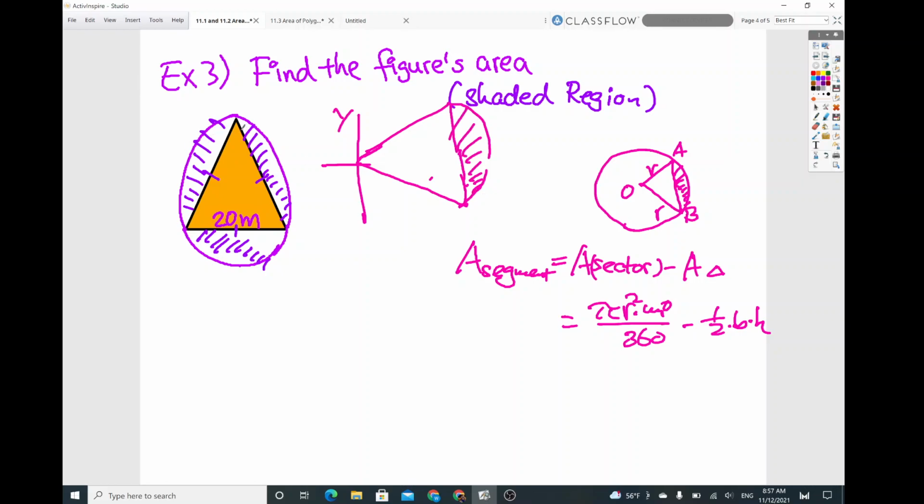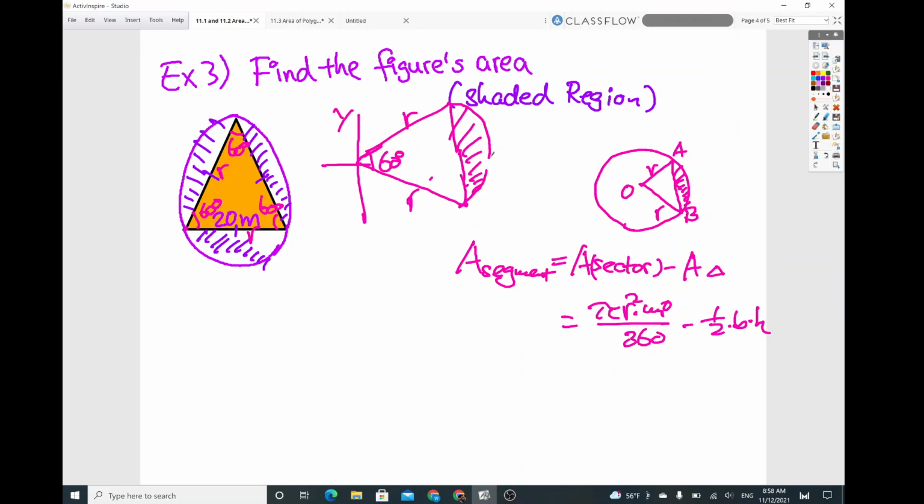Imagine that this is the center of the circle. This one is 60 degrees because that's an equilateral triangle, which is the same as equiangular, so each angle is 60 degrees. So the radius is bounded by these segments, R and R. It's kind of like a cross section here.